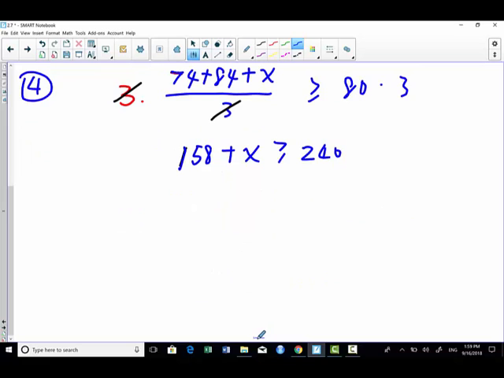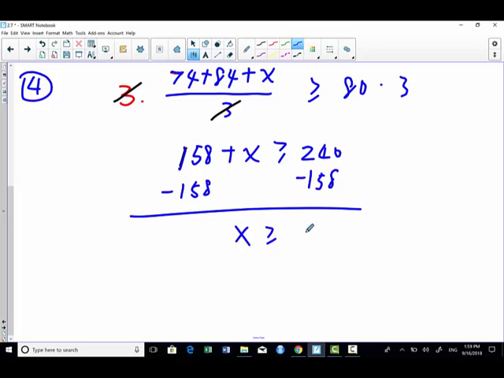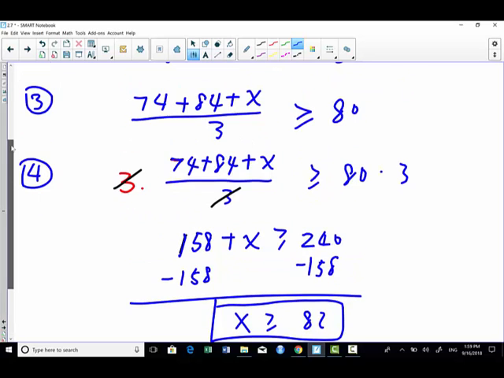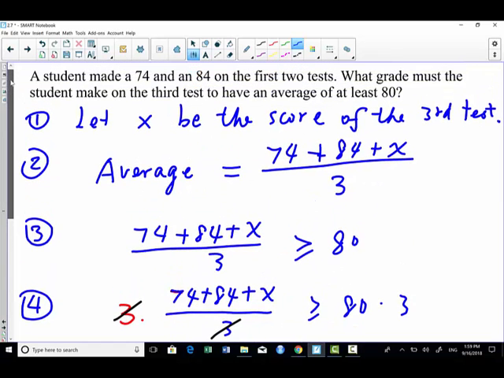And then for this simpler inequality, to leave x by itself, you can just subtract 158 on both sides. And we end up with x is greater than or equal to 82 as the final solution. And the last step, you can reason our solution in original wording.